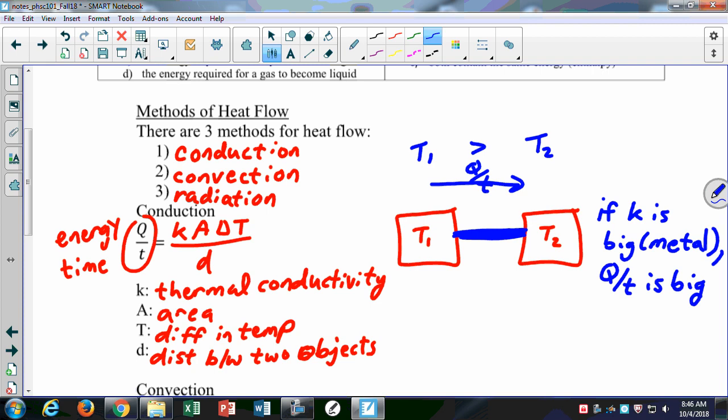You can think of it as a pipe. If I have a bigger pipe, I can move more stuff. So if the area, this cross-sectional area, is bigger, Q over t is bigger.